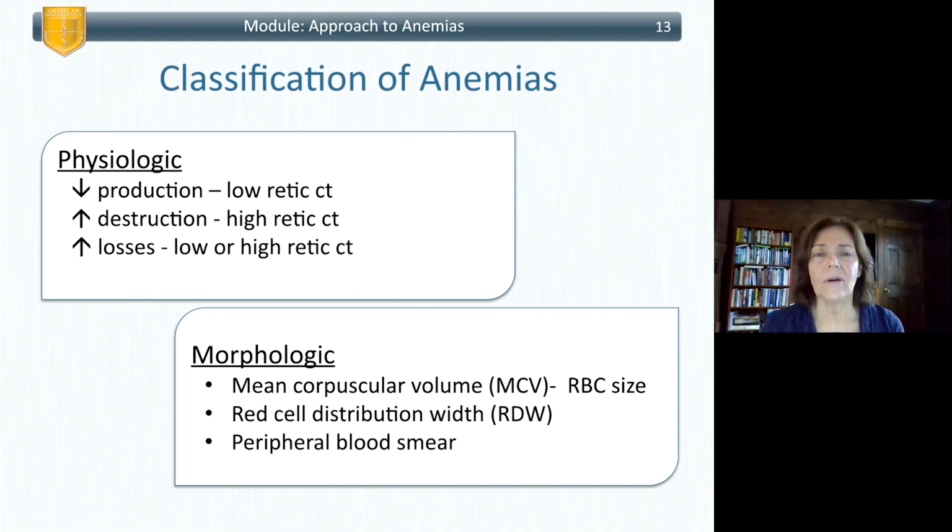And when there are blood losses, there might be a low or a high retic count. Sometimes we'll base it on the morphology that we see, whether it be the red cell indices, such as mean corpuscular volume, which indicates the red blood cell size. We look at the red cell distribution width, which will let us know the spectrum of sizes of the red cells, and we'll take a look at the peripheral blood smear.